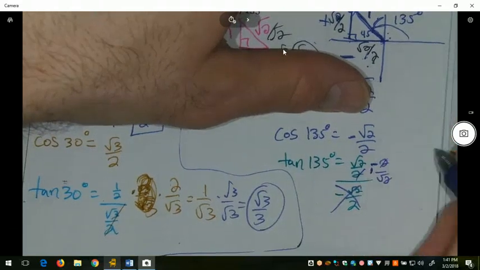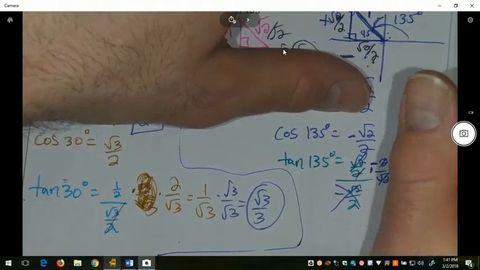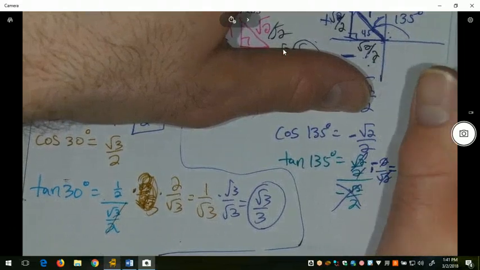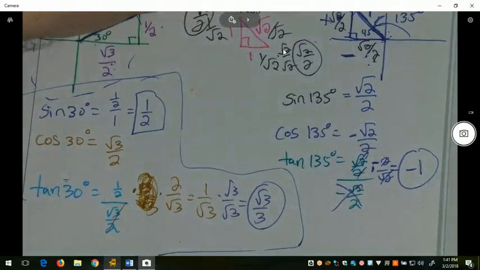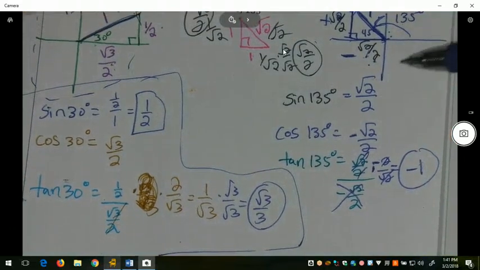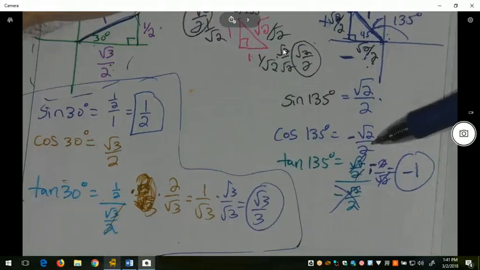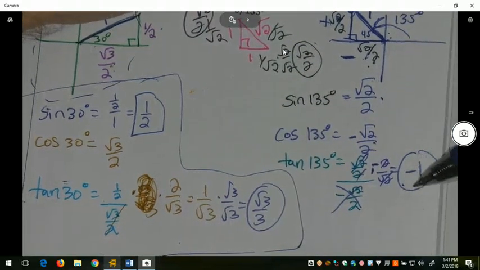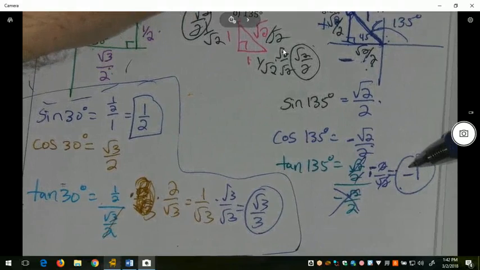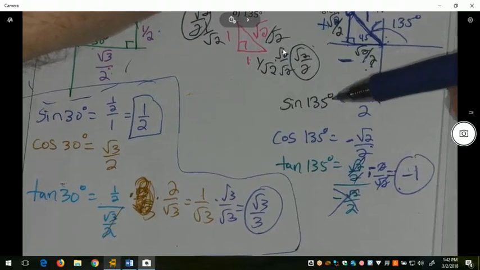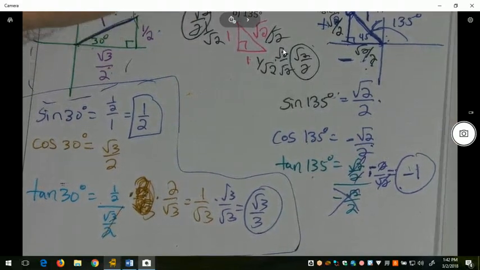So the 2 over 2 becomes 1, the square root of 2 over square root of 2 becomes 1. 1 times negative 1 is negative 1. So in this quadrant, we see that sine is positive, cosine is negative, tangent is negative, just like we saw in our lesson on day 2 when we looked at the signs of sine, cosine, and tangent in the different quadrants.